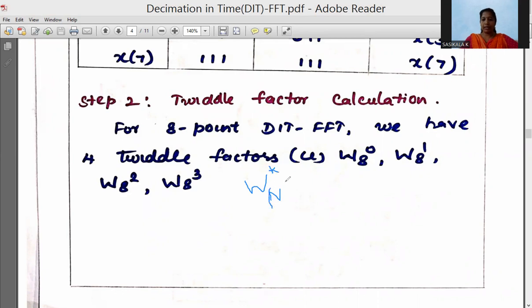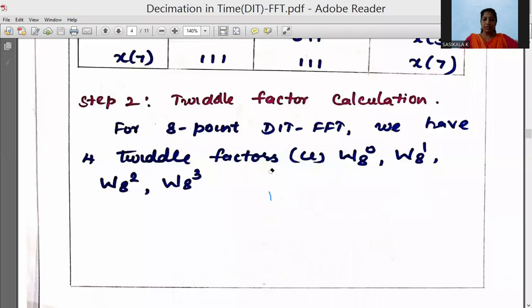Here my n value is 8, so I have mentioned W8. I have 4 k values because for 8-point, it is the rule that we need to find 4 twiddle factors. So k value is 0, 1, 2, 3. So I need to find out W8 power 0, W8 power 1, W8 power 2 and W8 power 3.